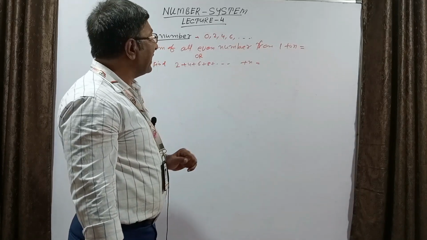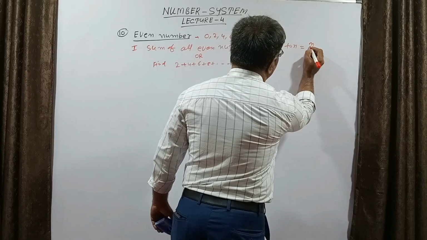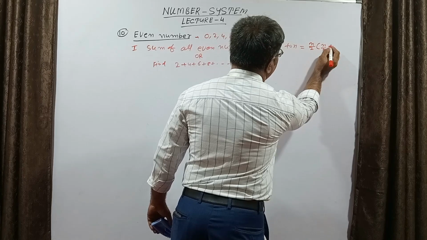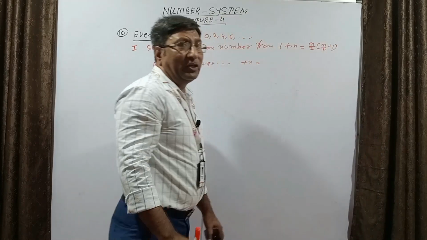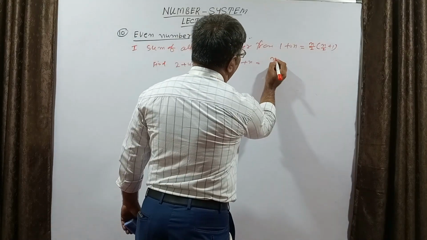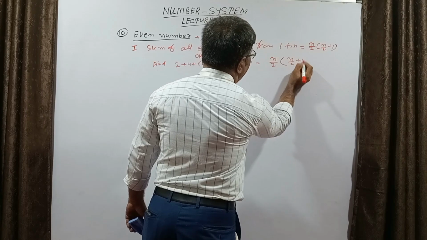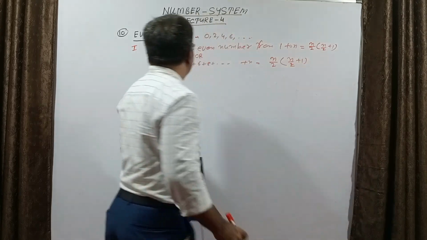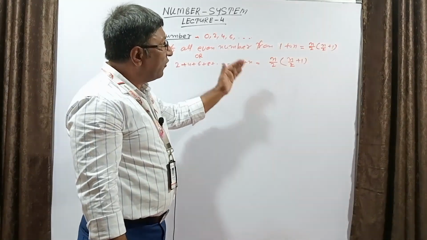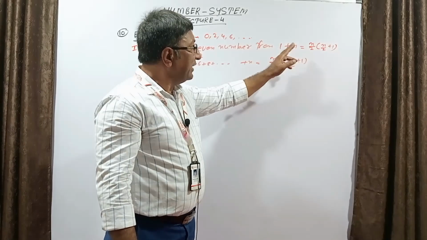So what is the simple technique for this type of question? The technique is: half this number, that is n by 2, and multiply by the next number, that is n by 2 multiplied by n by 2 plus 1. So if the question is sum of all even number from 1 to 8, just check the last number. The last number should be an even number.